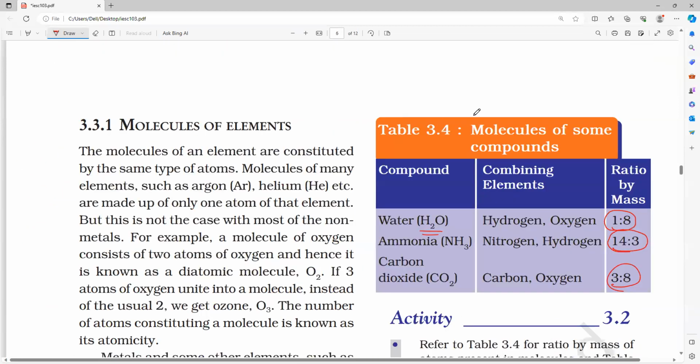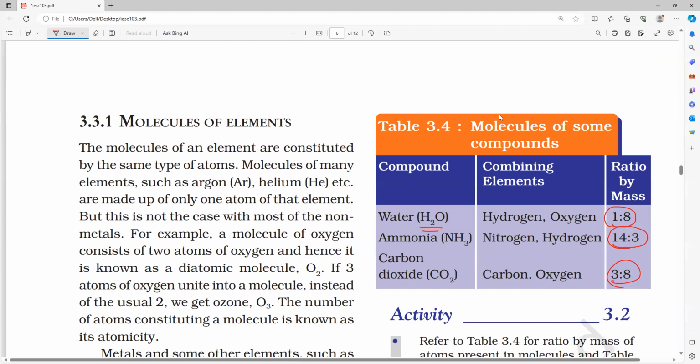And this tabular column speaks about what? Ratios, mass ratios. Sir, how to get it? I will teach you. You don't need to worry. Just remember this. All of you clear? Now, meeting is there. Join back and we'll proceed. Water alone I will teach you. Then we will proceed in the second meeting.